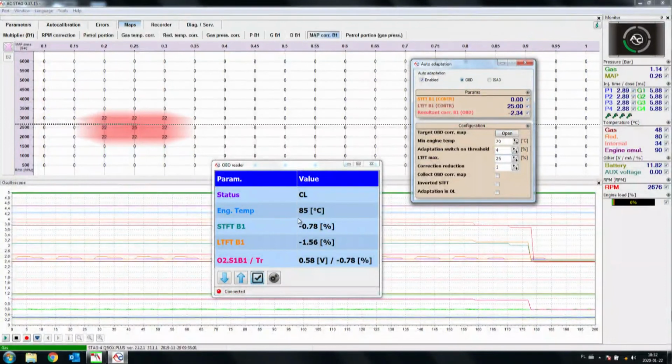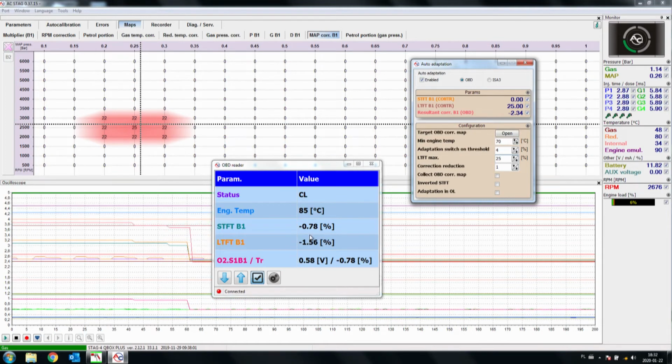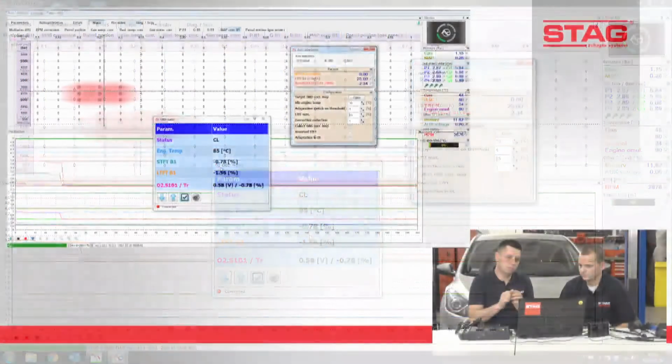Right now, the system is checking the information. Okay, right now, with 25 milliseconds of injection time, 25 right here on the map, we have correction around zero. That means with this type of injection, everything is okay.